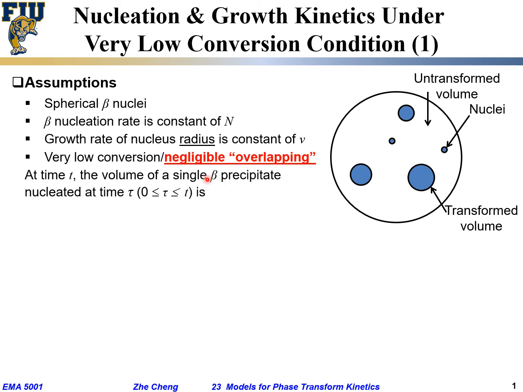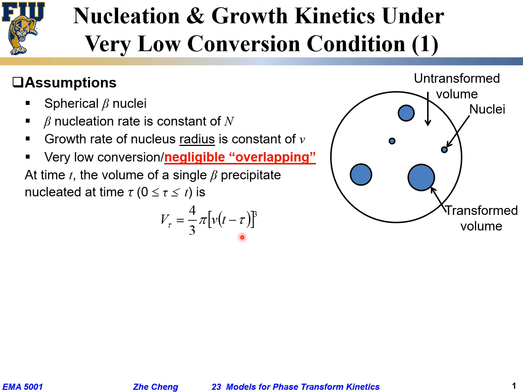With these assumptions, let's say at time t, the volume of a single beta precipitate nucleated or formed at time tau would be this one.